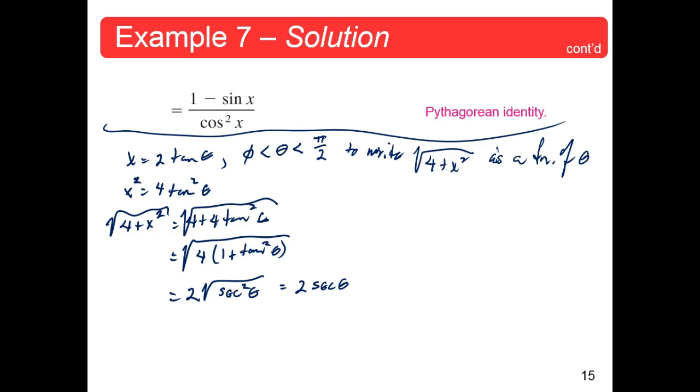Okay, now, and most of the time in the calculus applications of it, we will also draw a little triangle. And it's taken from this substitution right there. If x is equal to 2 tangent theta, that means tangent theta is equal to what?